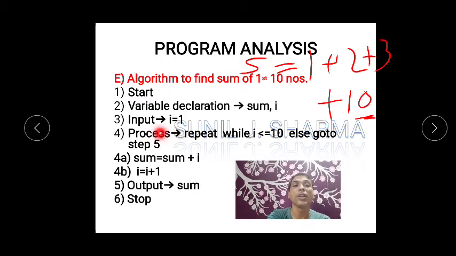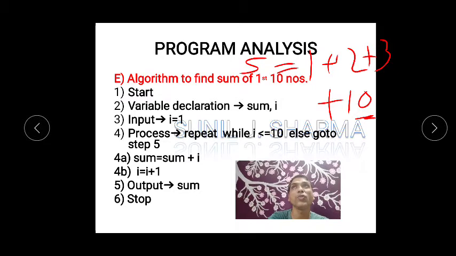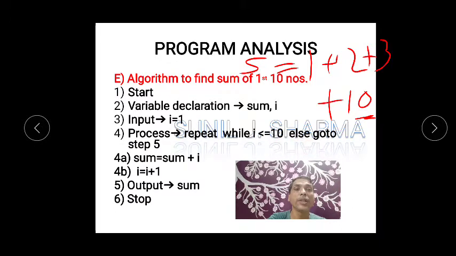Process will not have direct solutions like we used to have in the previous example. Repeat while I is less than or equal to 10, because this is our initial value, this is our final value. So I should not be greater than 10. If I becomes greater than 10, then go to step 5. Here it will come and store the solution.